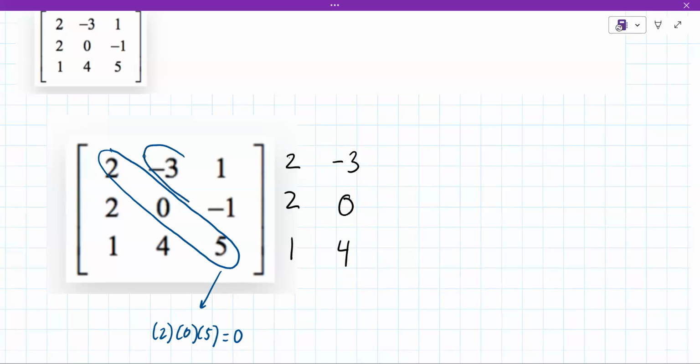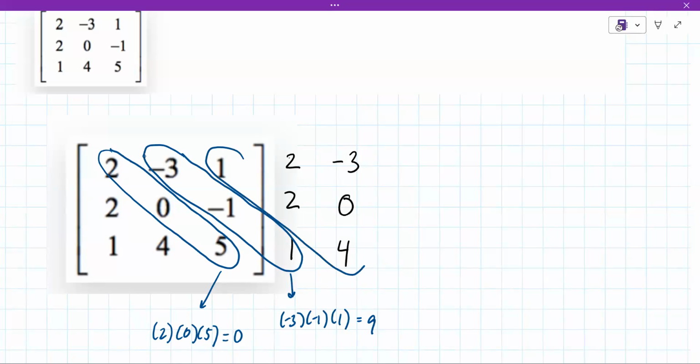Then you do the same thing for the next diagonal. -3 times -1 times 1 is 3. Then you do the same thing for the third diagonal. 1 times 2 times 4 is 8.